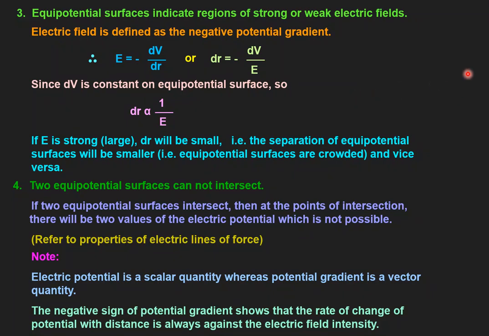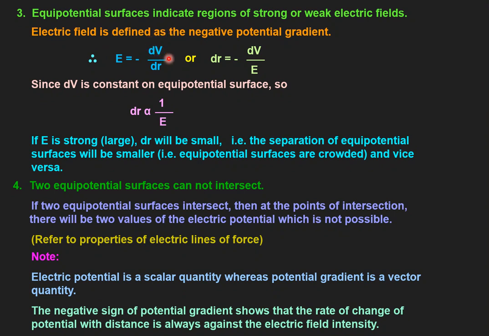So along the direction of electric field, the potential decreases at the maximum rate.